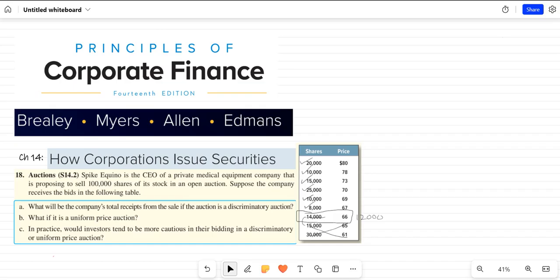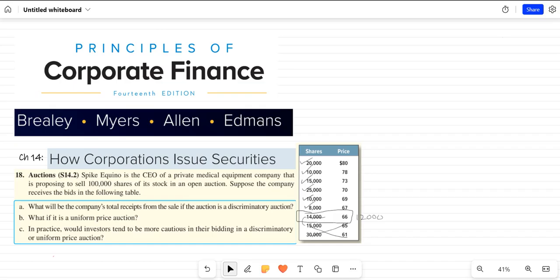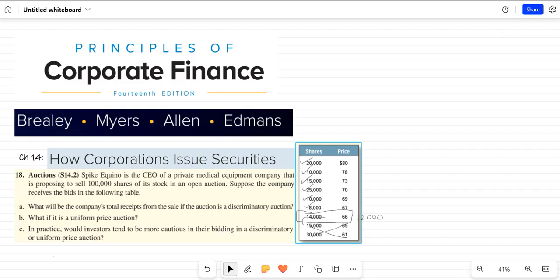They will be allocated shares because their bids are too high, but they might be buying shares at a premium. In uniform auctions, this winner's curse is eliminated because the discriminatory prices will not be charged, and you will be charged the price at which all the shares will be sold.